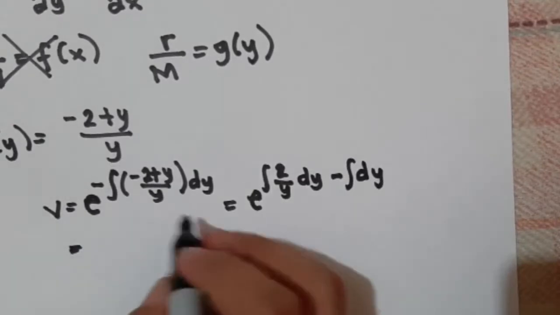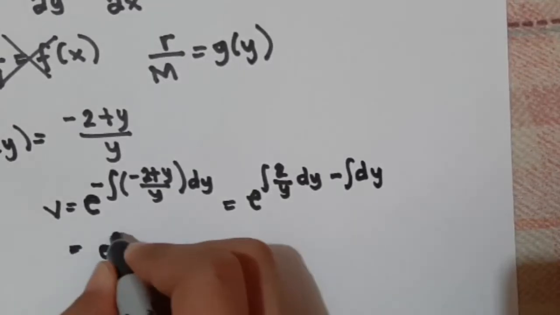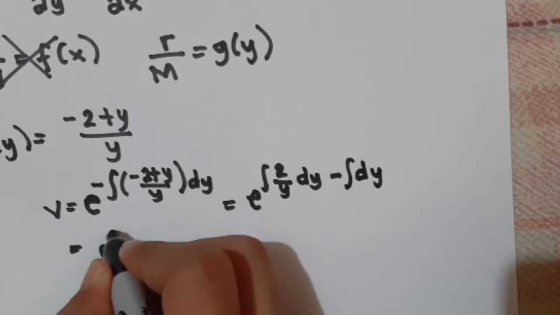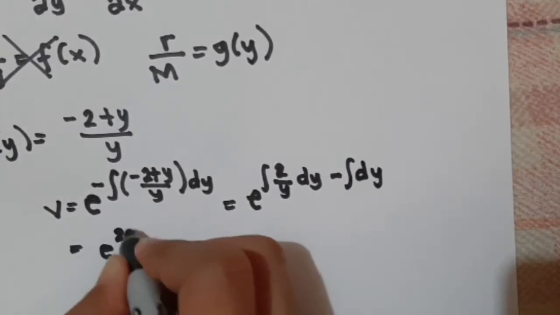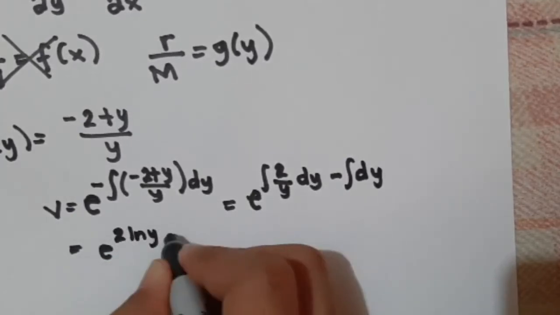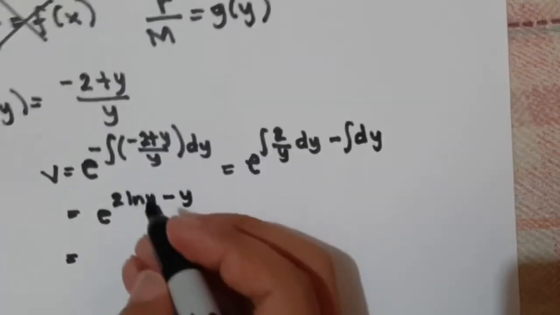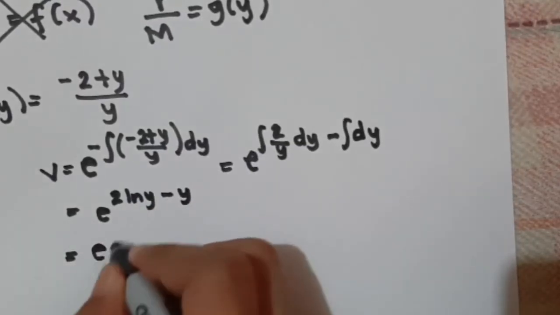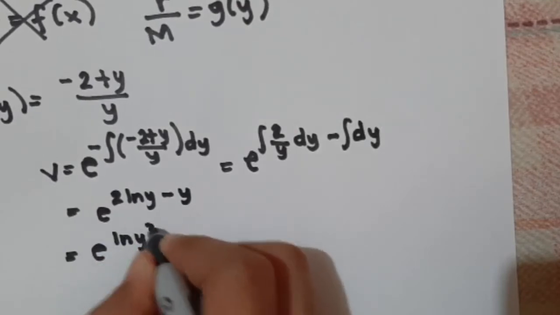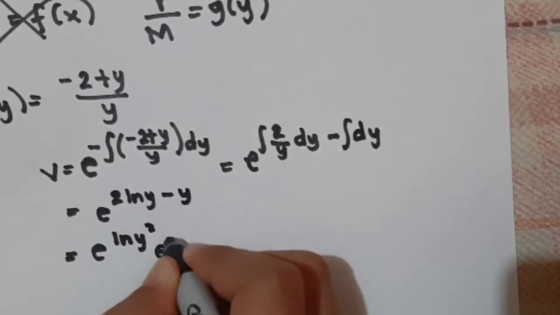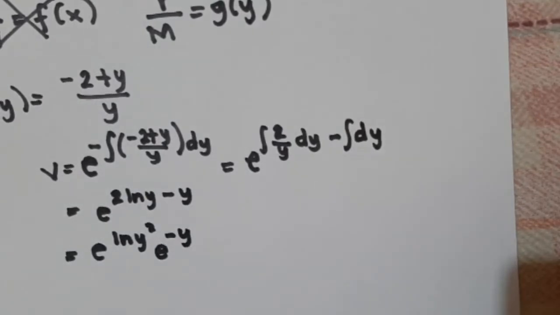Simplify, that is e raised to 2 ln y minus y. So this is also equivalent to e raised to ln y squared times e raised to negative y.